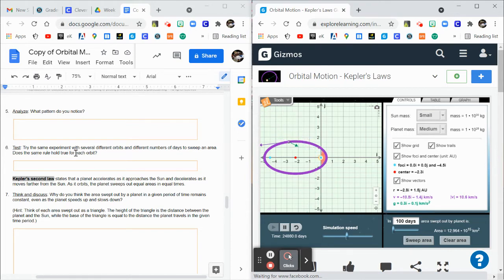Does the same rule hold true for each orbit? Okay, so you can do that.